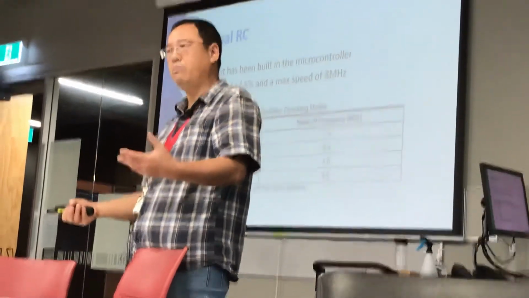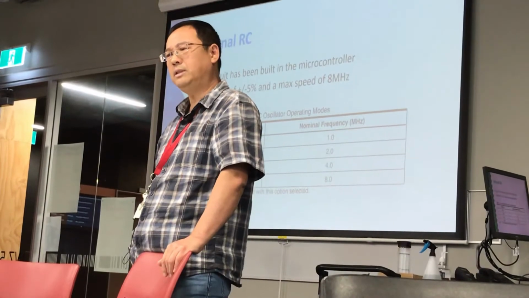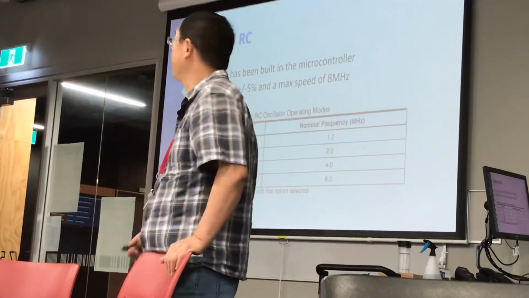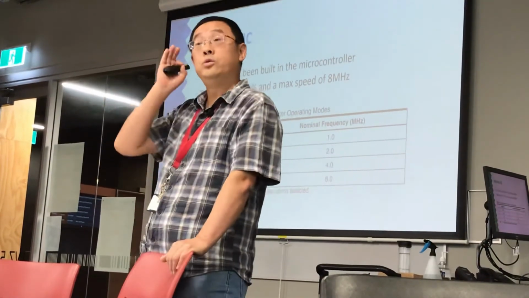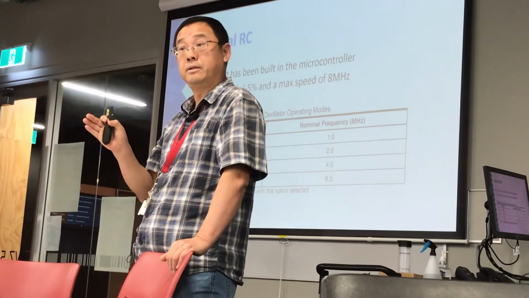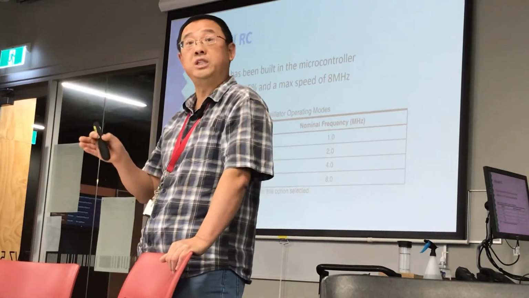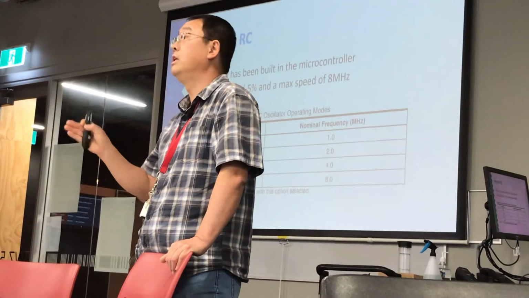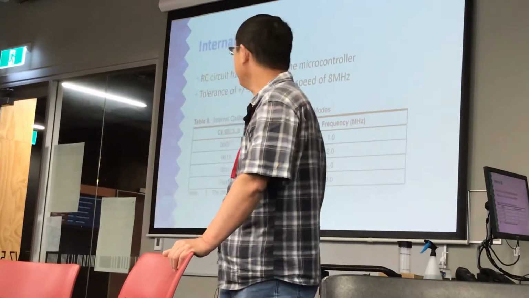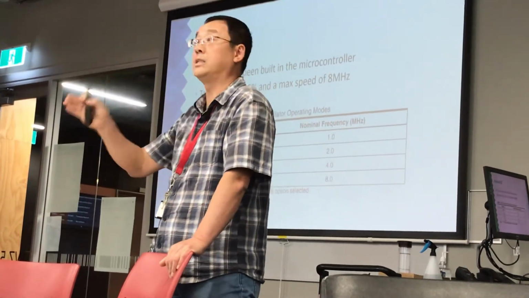I want this LED flashing every 500 milliseconds, but it looks like it flashes every 5 seconds, much slower. That's because you reckoned the internal RC clock is 8 megahertz, but if you don't change the field speed register, the default setup is 1 megahertz. You want it to go fast, you need to reprogram the field speed, which everybody in this class has to do.